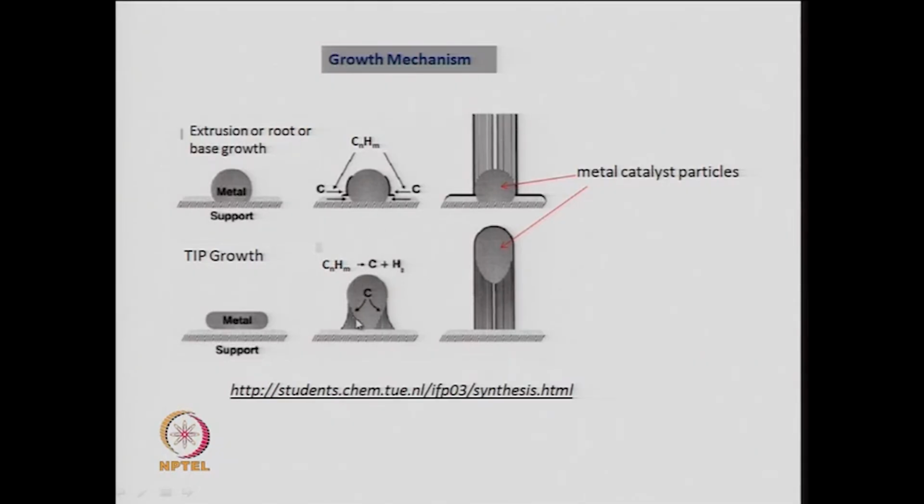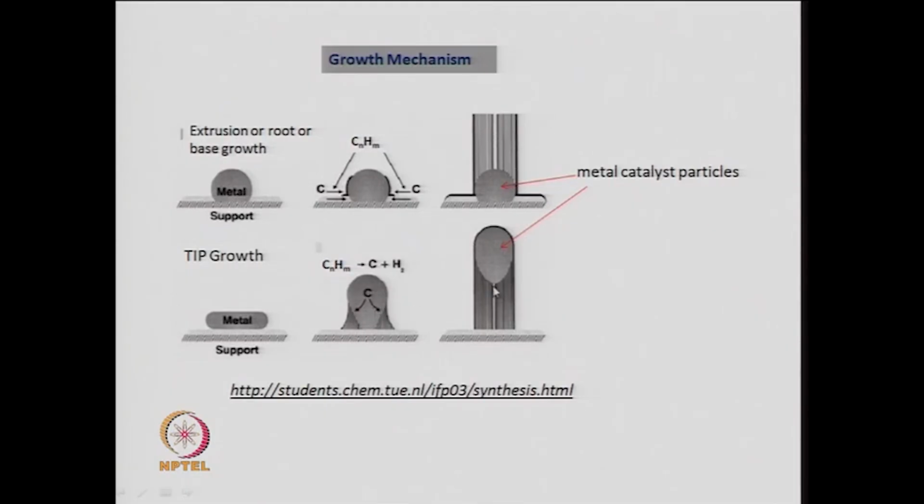So, when the carbon deposits here at the tip, then the catalyst particle moves up. The catalyst particle keeps moving up and the carbon nanotube is formed here. This is called the tip growth mechanism, because the carbon nanotube is forming at the tip of the metal particle, the catalyst particle.